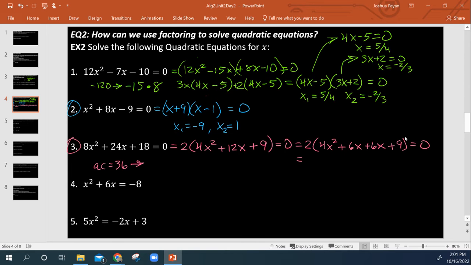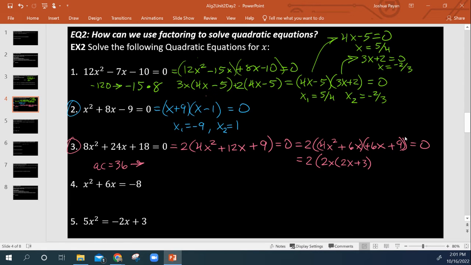And then we see that we're going to have 2 times, well, the GCF here, when I do the grouping step, is going to be 2x. And that's going to leave me with 2x plus 3.